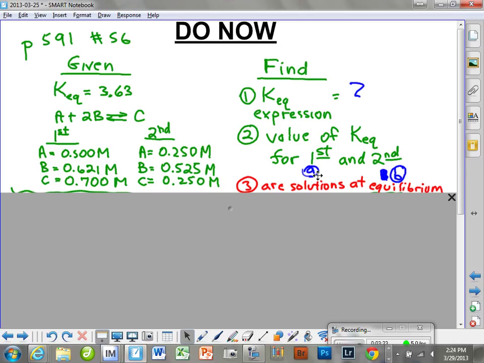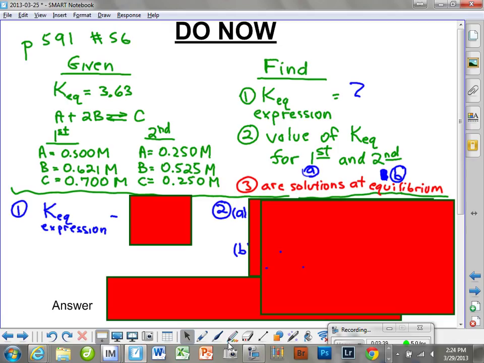Are solutions A and B both at equilibrium? The first is A and the second is B. First, second. As we go down here, the first thing we have to have is the expression, correct? When we move this out of the way, we can see what the expression is.